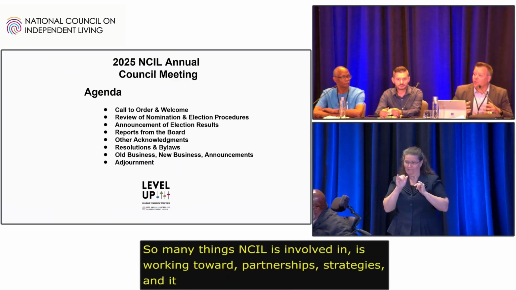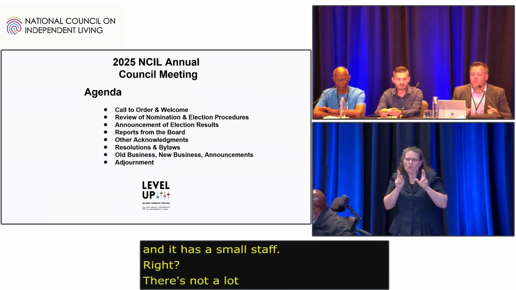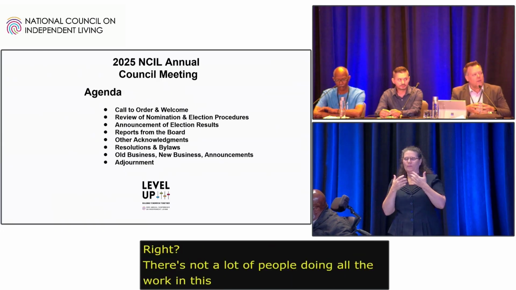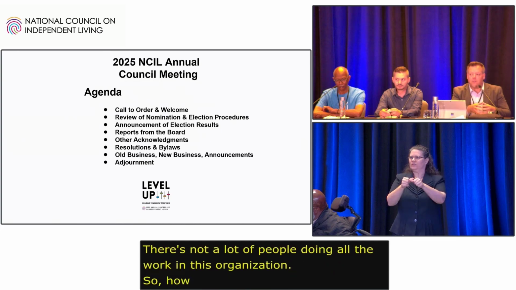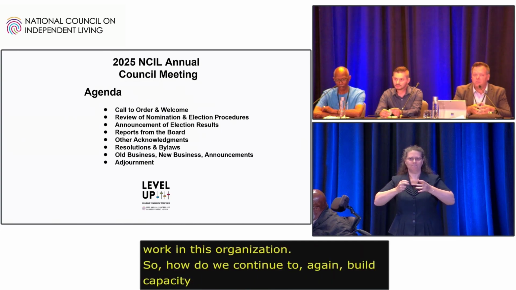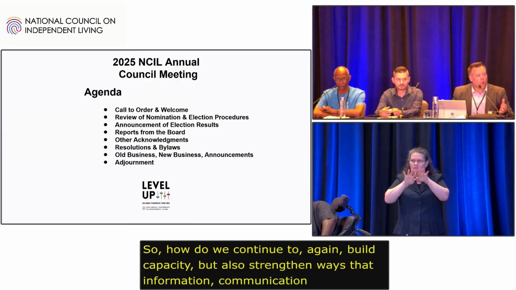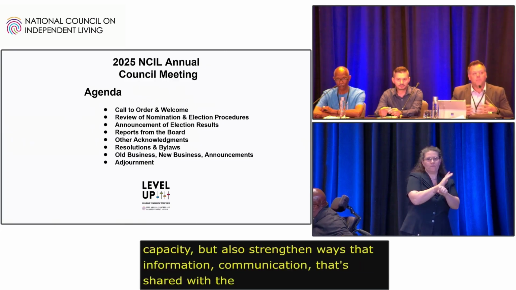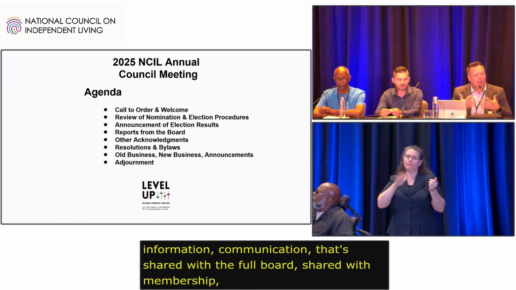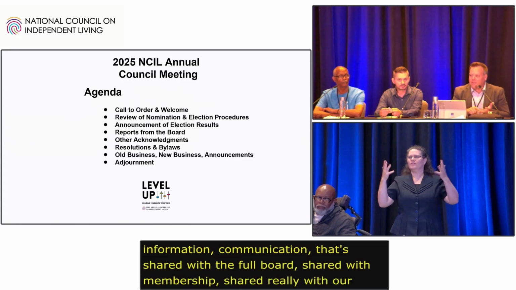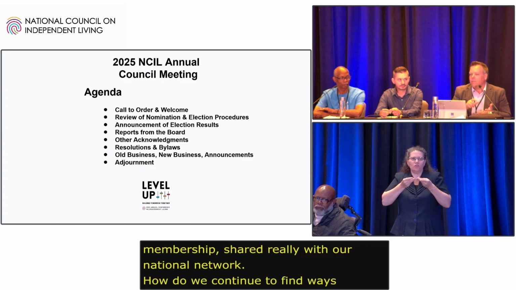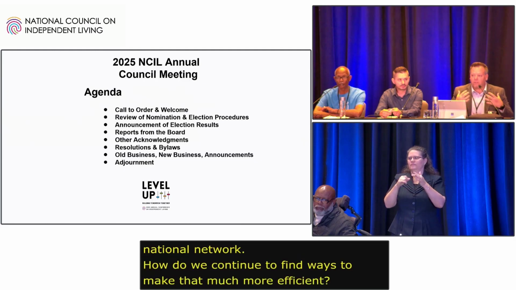There's not a lot of people doing all the work in this organization. And so how do we continue to build capacity, but also strengthen ways that information and communication is shared with the full board, shared with membership, shared really with our national network, how do we continue to find ways to make that much more efficient, much more effective, and really see the results of that?